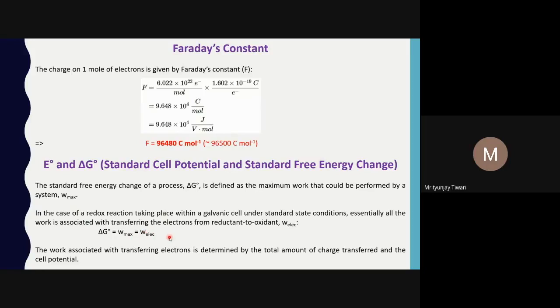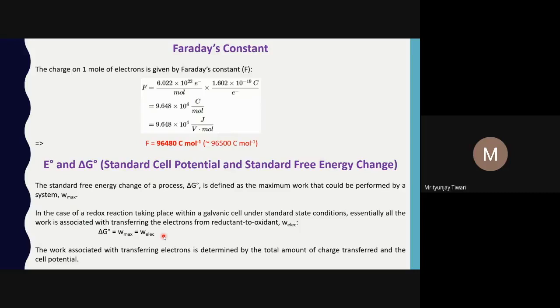The same work will be done in transferring electrons along a potential difference, and that potential difference is nothing but the difference between the potentials of the two electrodes, the cathode and anode.